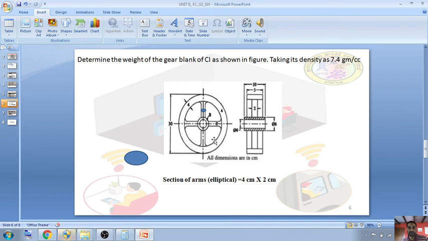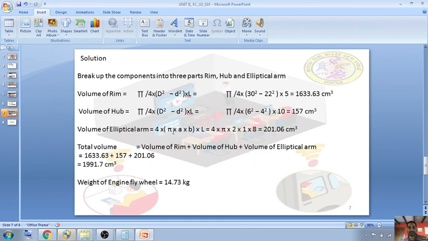So 15 minus 4 minus 3 is 8. So this length is 8, we got it. Area multiplied by length gives the volume of one ellipse. One elliptical arm multiplied by 4, you get the volume of all the 4 arms.